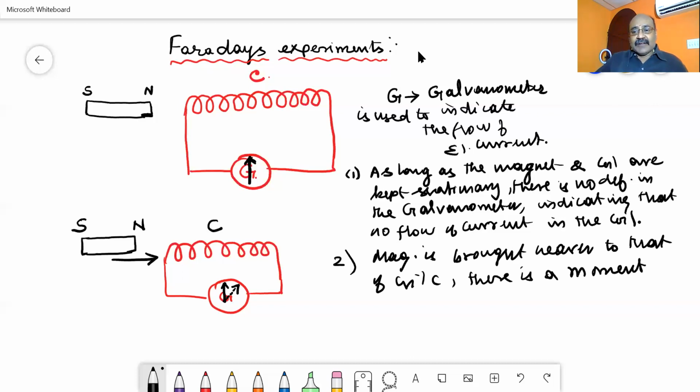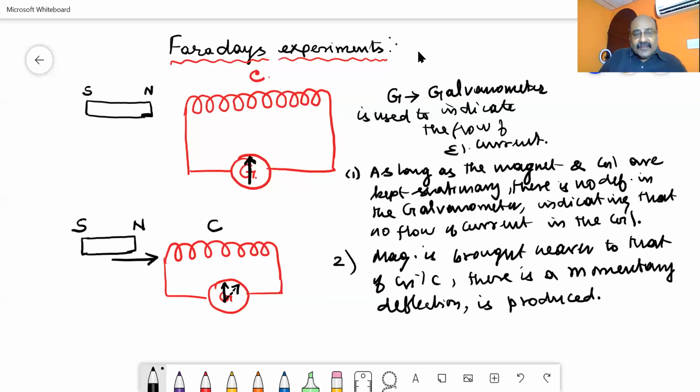Momentary deflection means an instantaneous deflection is produced. After getting the deflection, the needle again comes to zero. A momentary deflection is produced in the galvanometer, which indicates that there is a flow of electrical current. But after moving, if the magnet is kept stationary, then there is no deflection.